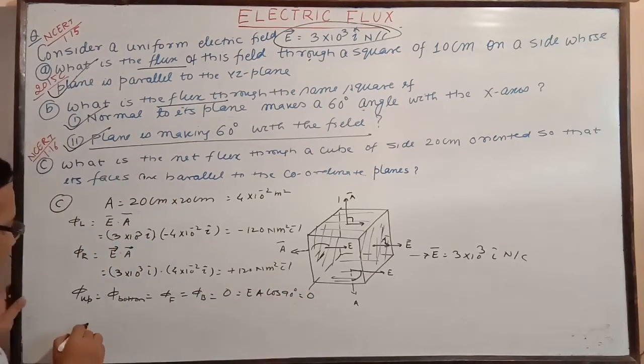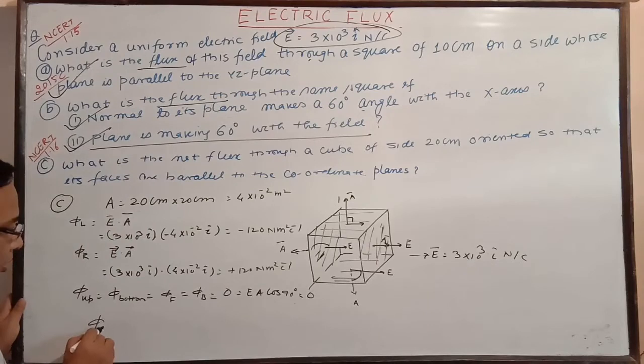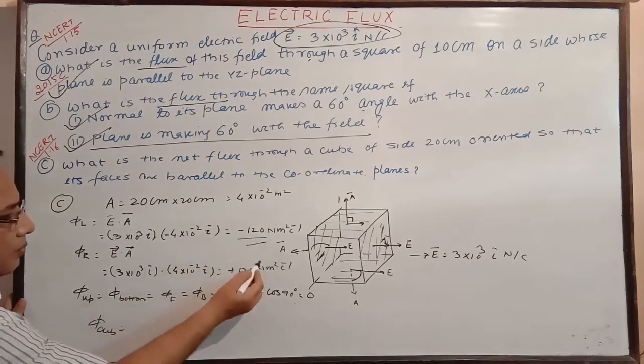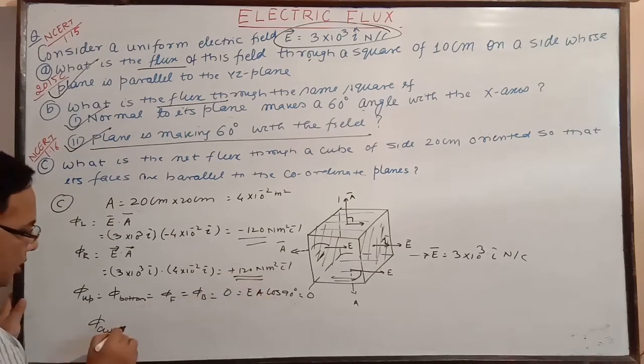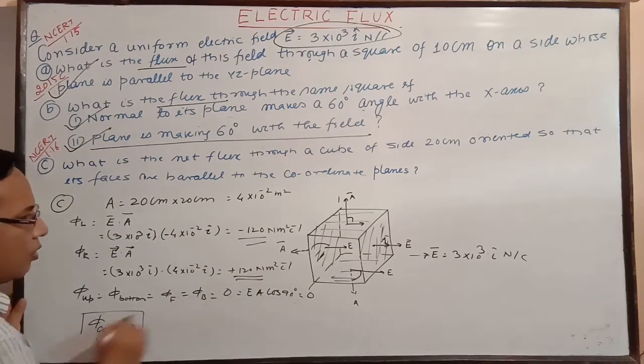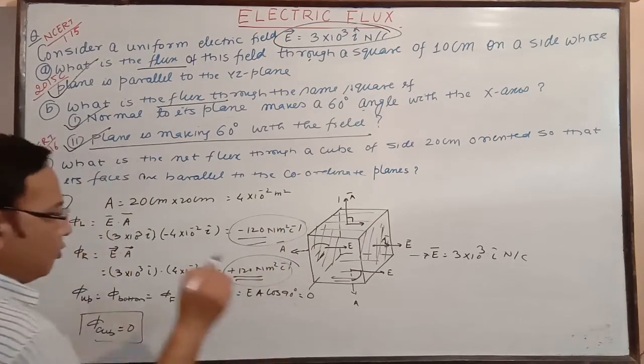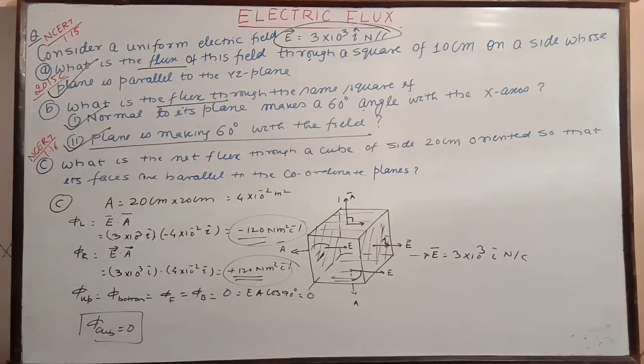So net flux of this cube is minus 120 plus 120 and 0. So finally it is 0. If you sum all this, minus 120, this plus 120, and for the rest of the 4 faces 0, so net is 0. Total flux is 0.